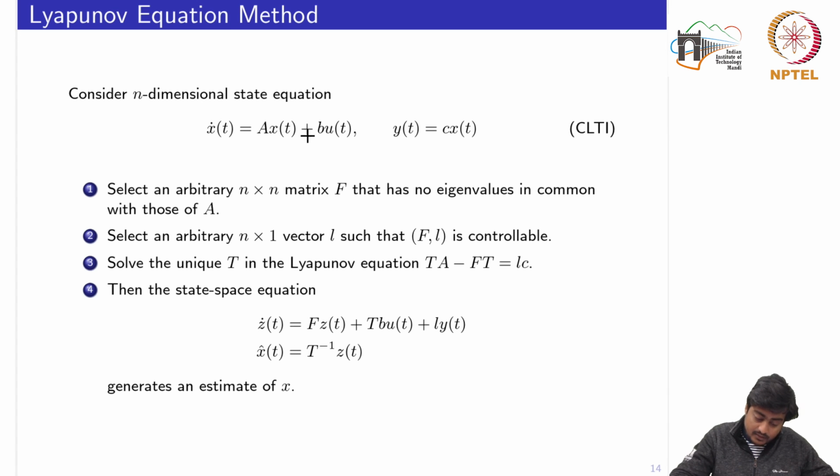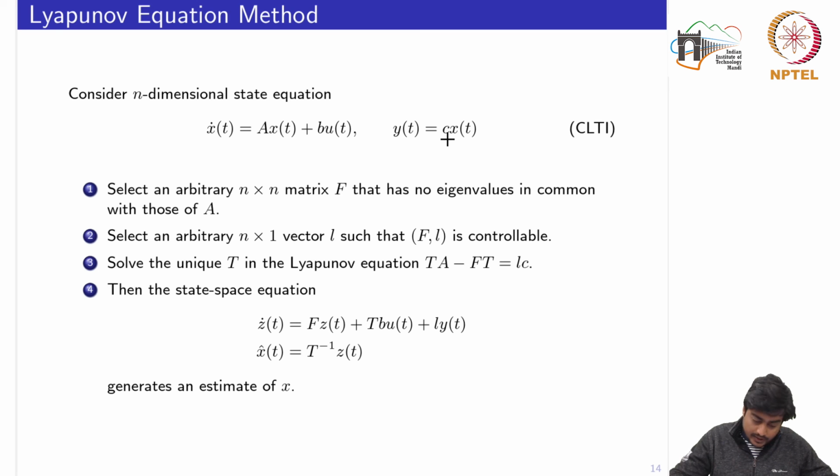So this is one state space system with the state equation and the output equation of the plant. With this Lyapunov equation method, by following these three steps, we can write another state space system for the observer whose internal state is z and the output is x hat, and this x hat would be equal to x.